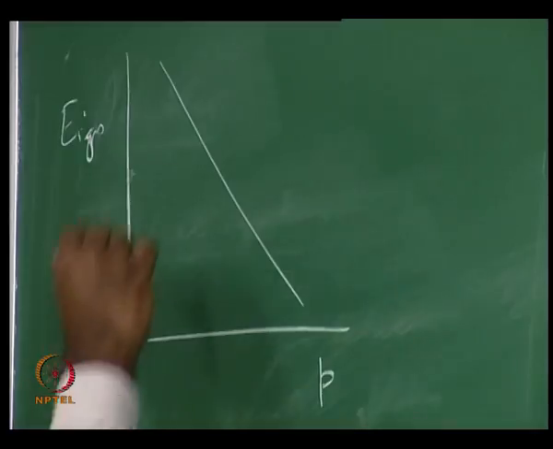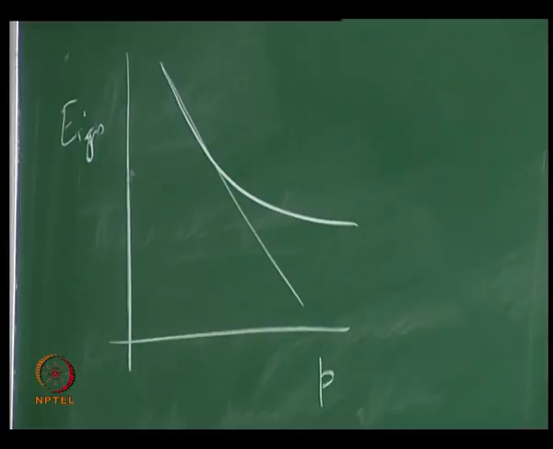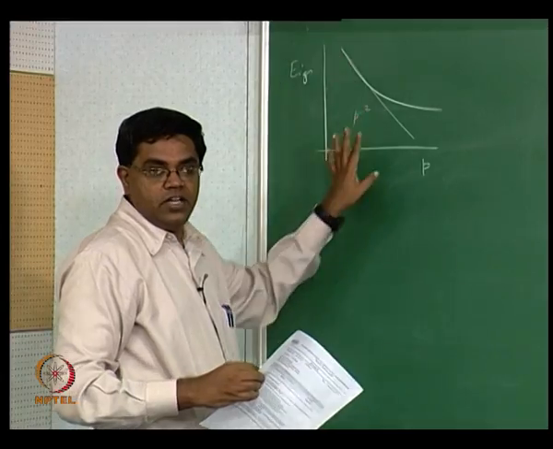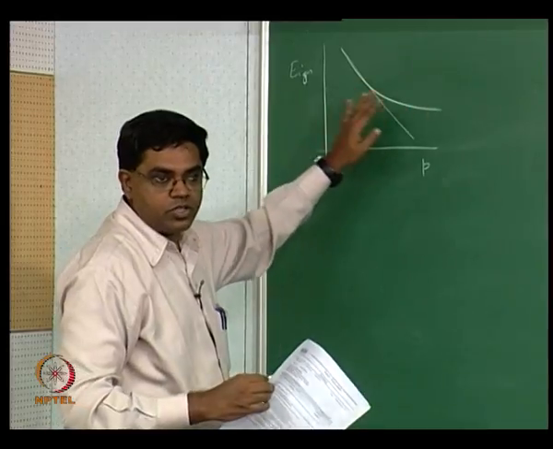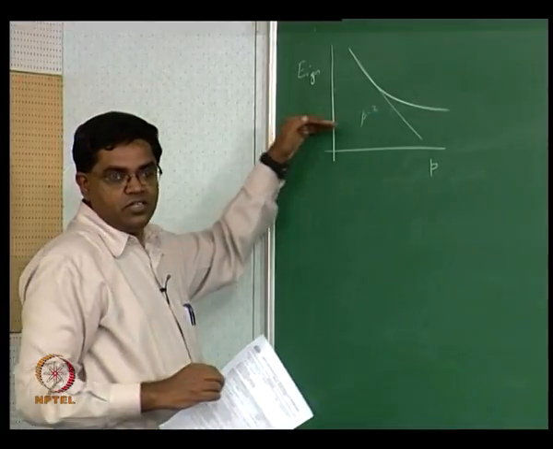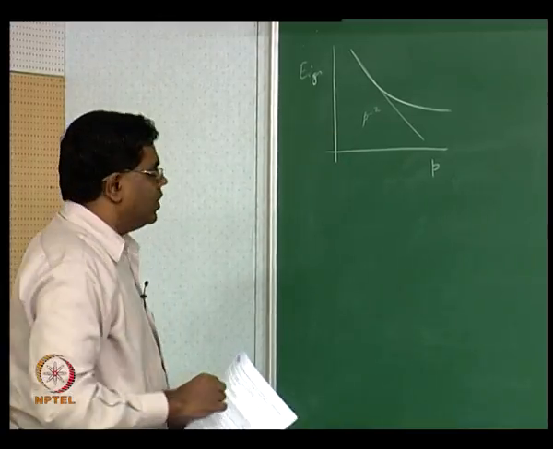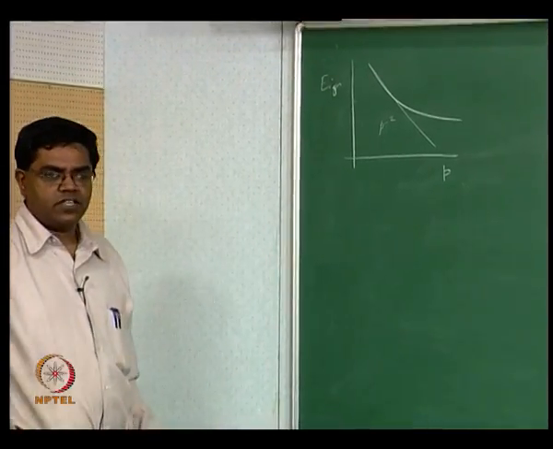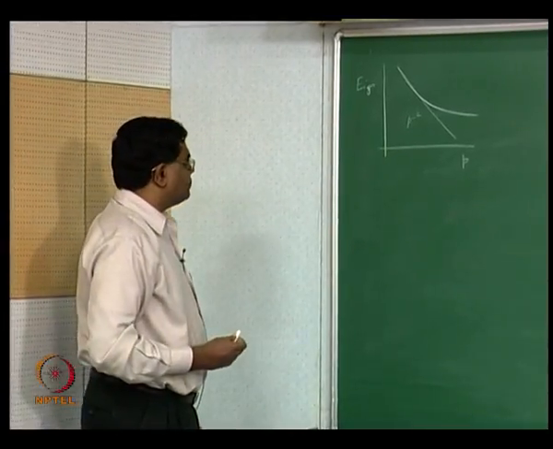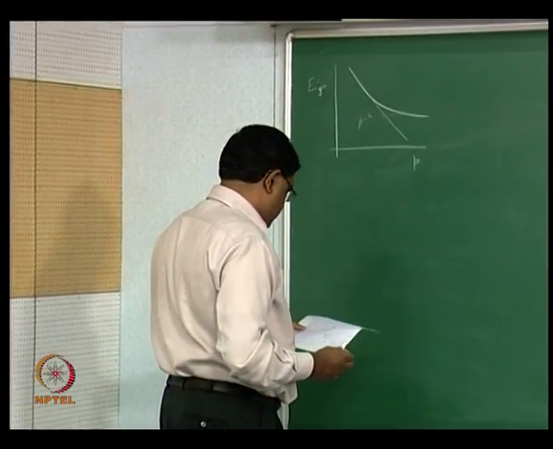But what we find is typically the data goes more like this, which means this is the P to the minus 2 dependence, and the P to the minus 2 dependence is fairly well satisfied in the low pressure region when compared to the high pressure. At high pressure you don't have this fall, so that means you do have a critical ignition still needed. I mean the ignition energy needed is more than what the pressure dependence would say. And of course that implies a kinetics effect as well. That means the reactions don't behave exactly the same way as far as the global kinetics is concerned.